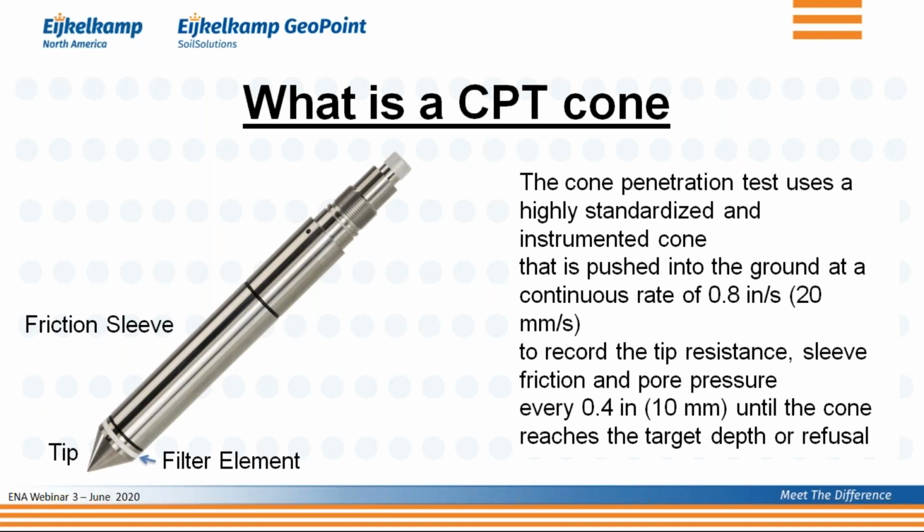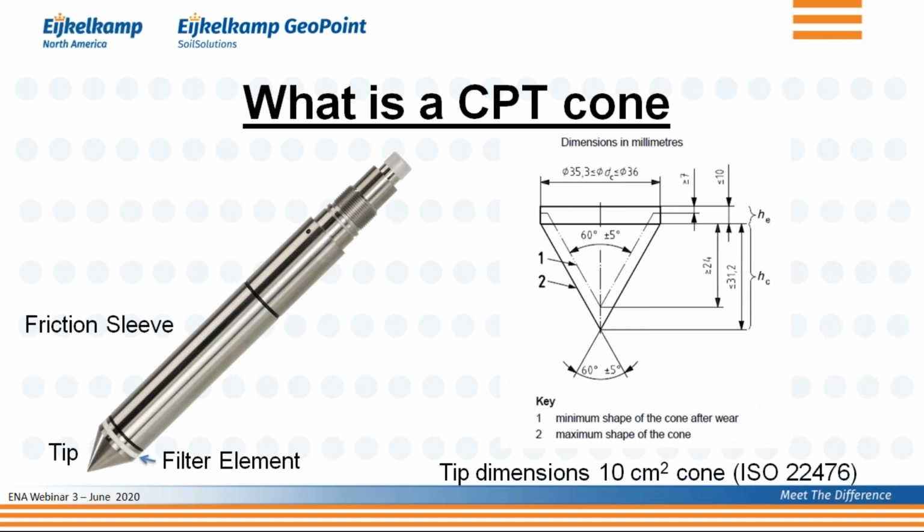One final thing about the cone tip, to really emphasize again this standardization process. You see here a figure out of the ISO standard with the dimensions of the cone tip for a standard 10 cone that we normally use. It's all very well defined.